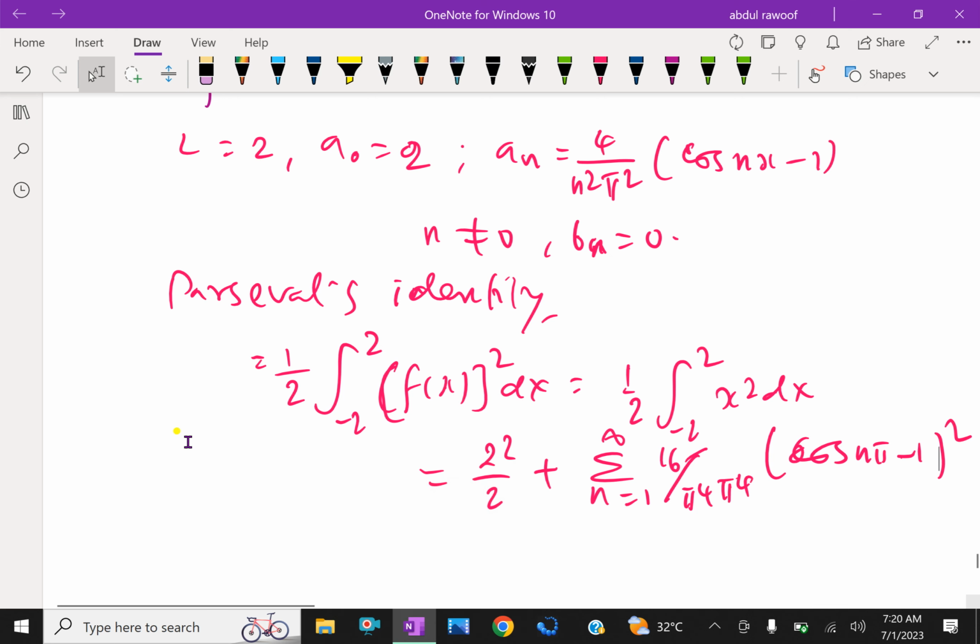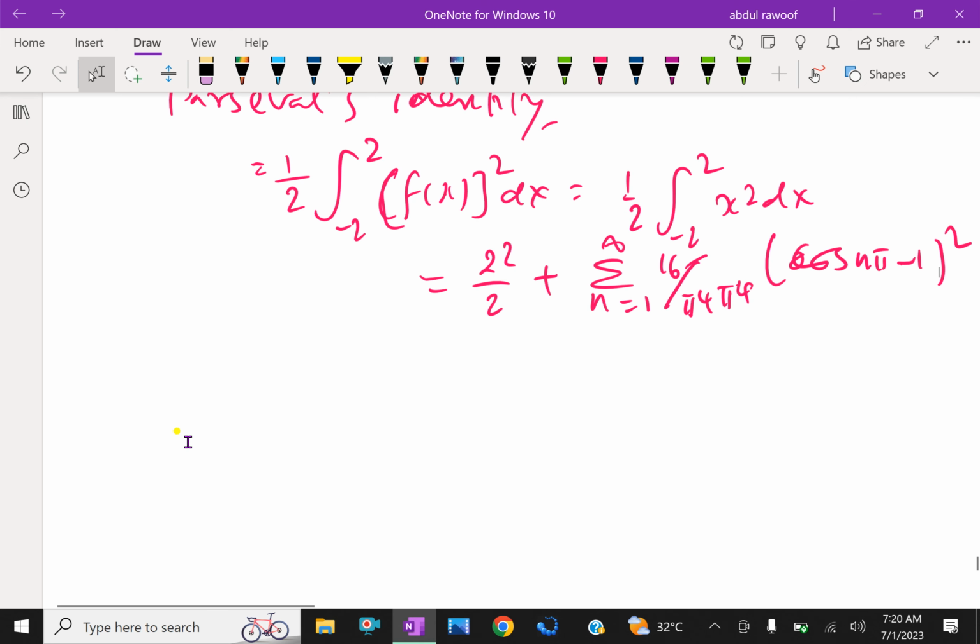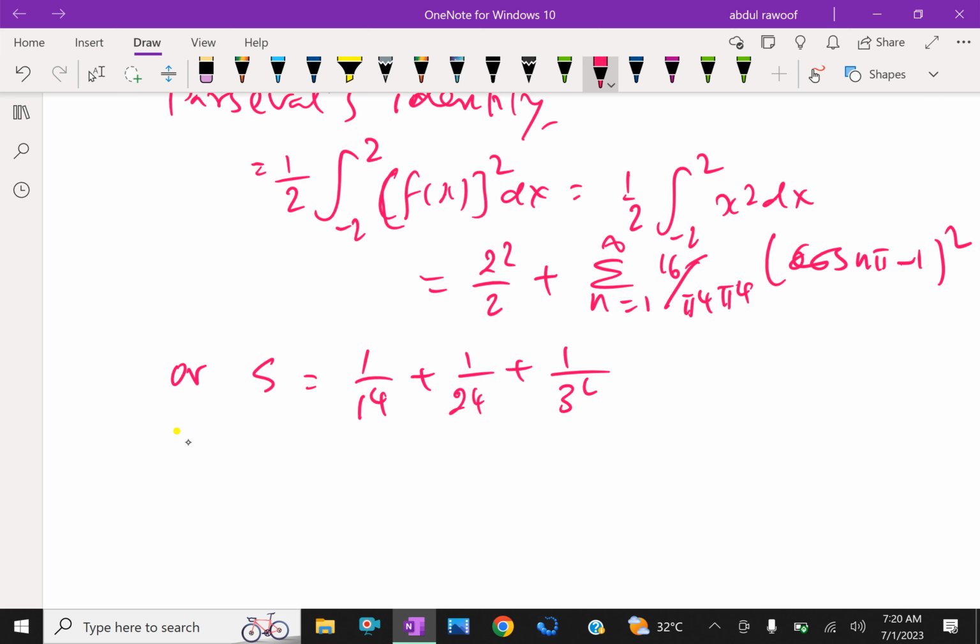After simplifying, we get 8 by 3, or the series is equal 1 by 1 power 4 plus 1 by 2 power 4 plus 1 by 3 power 4.